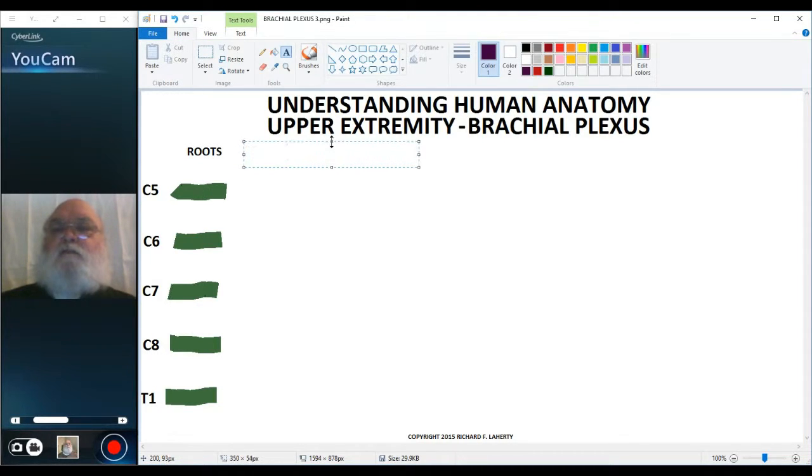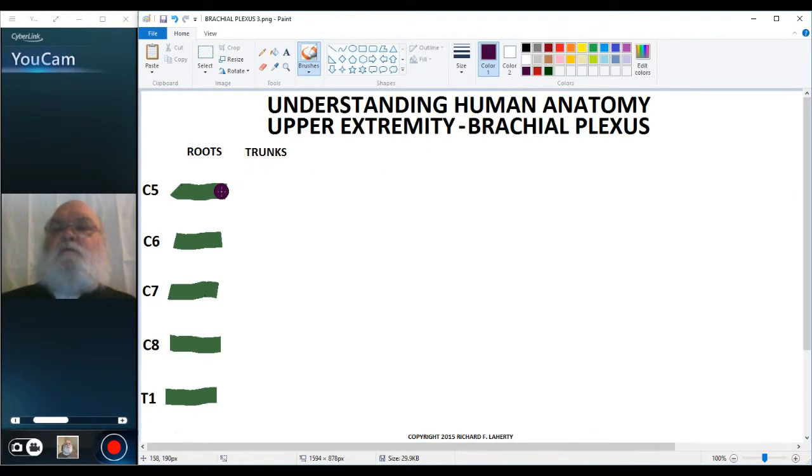The way we're going to do this is to have the root from C5 come together with the root from C6 and form 1 trunk.